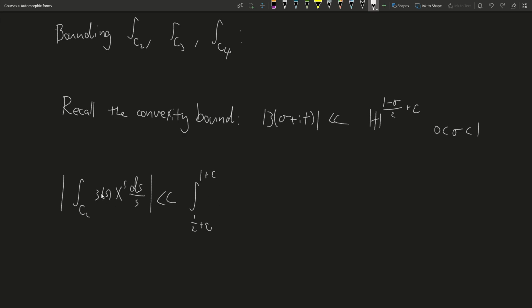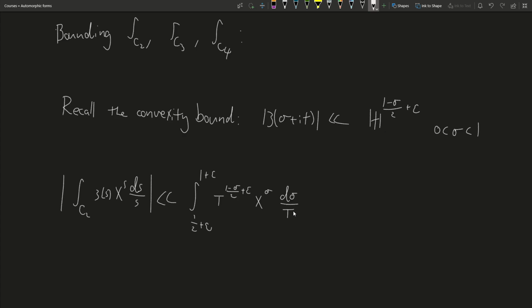And then for the zeta function, we're just going to use the convexity bound here. So this is going to be t to the 1 minus sigma over 2 plus epsilon. And then here we have an x to the sigma, right? The absolute value of x to the s is x to the sigma. And then we have a d sigma over t, right? The absolute value of s is at least t.